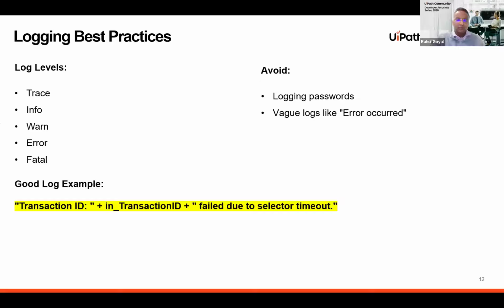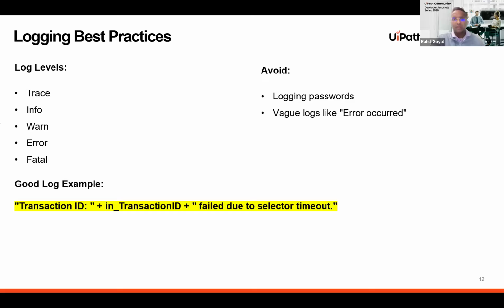The other thing we are seeing is a bad practice: never log certain things. You can technically log anything in the automation, but you have to be very careful that you're not violating your InfoSec policies or unnecessarily logging confidential data into the logs.